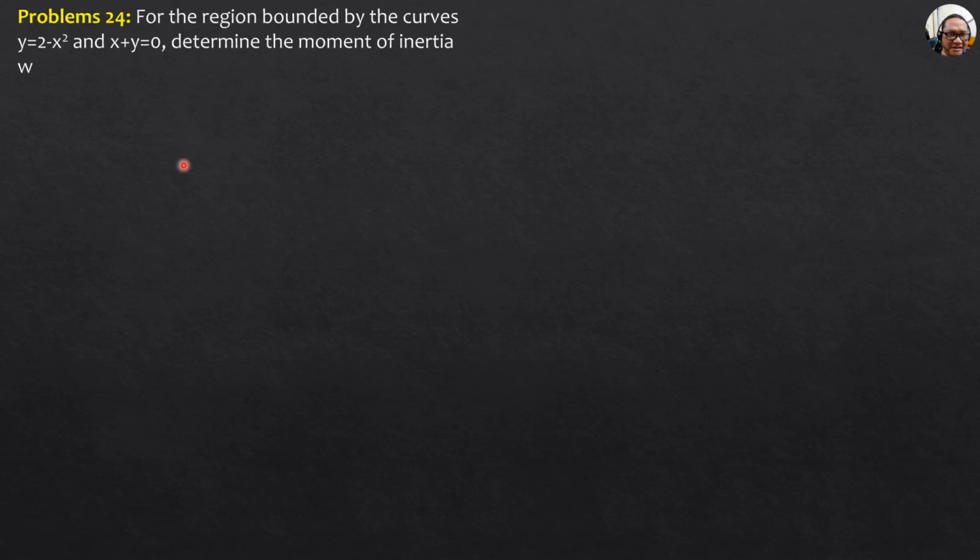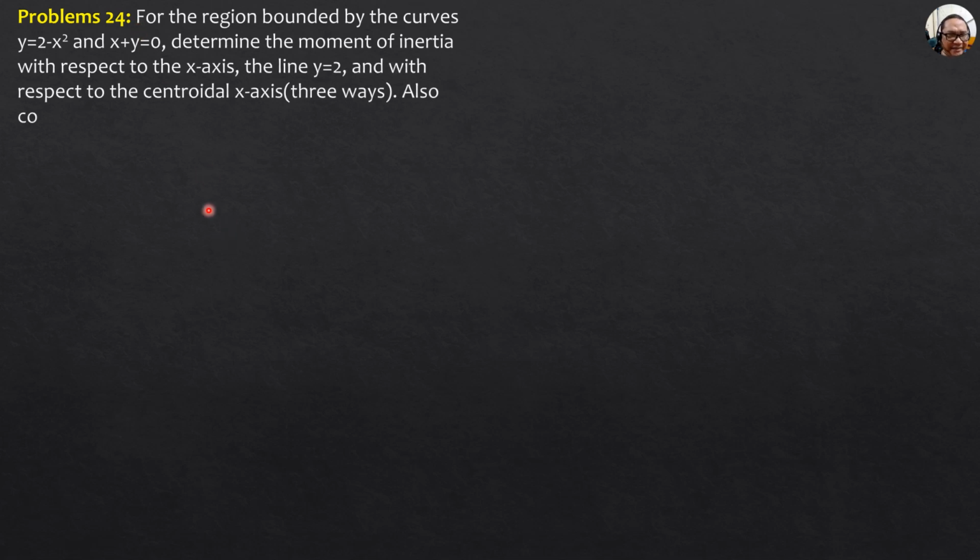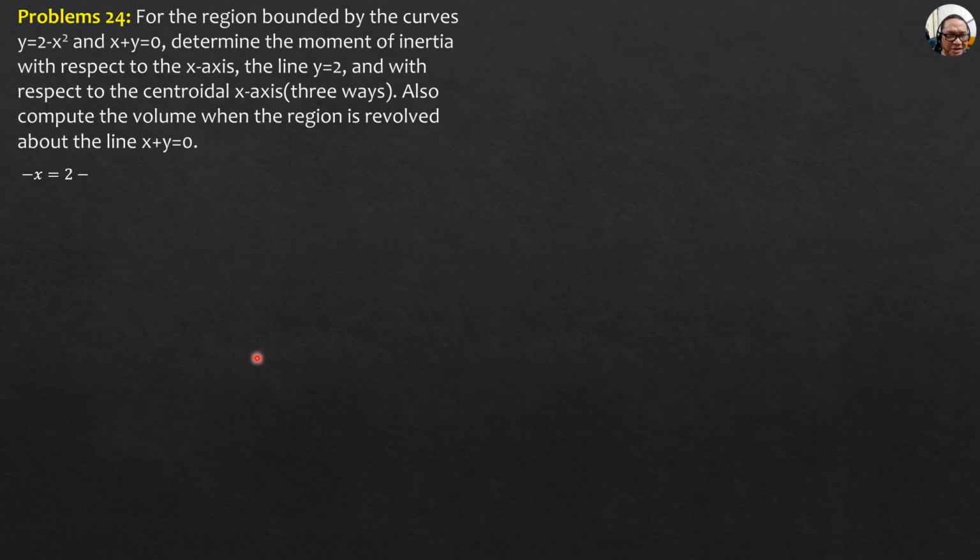First, let's find the points of intersection of the curves. One is a line, x plus y equals 0, a line through the origin with negative 1 as slope. So from this line y equals negative x, we replace y here by negative x.